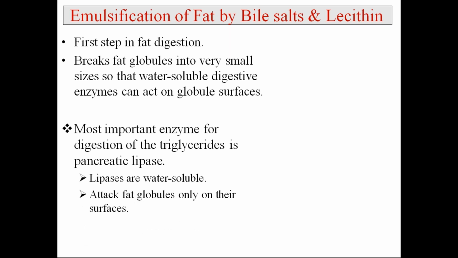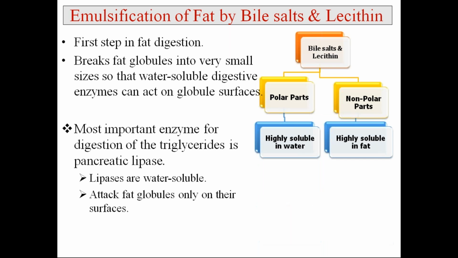The most important enzyme for digestion is pancreatic lipase, and it is water soluble and can attack the fat globules only on their surfaces. Okay? So emulsification is done by bile salts and lecithin.